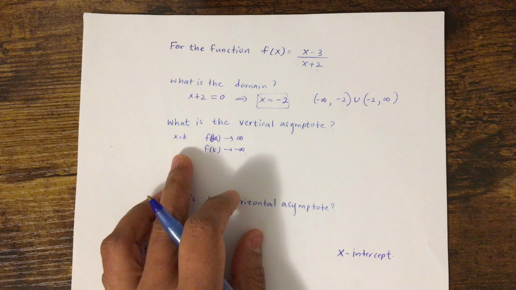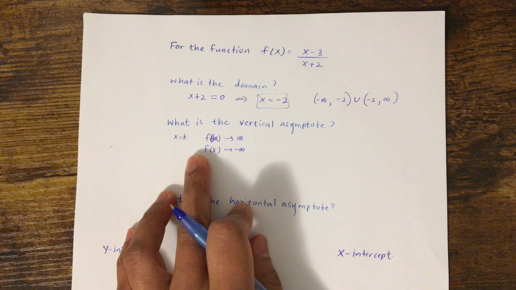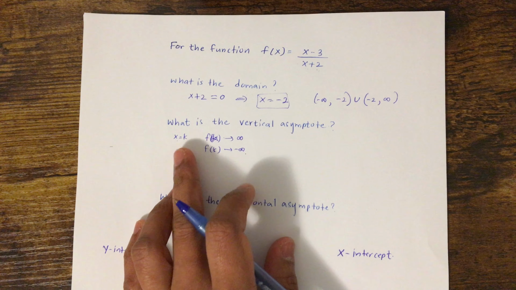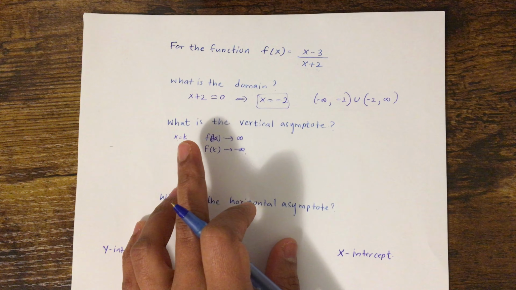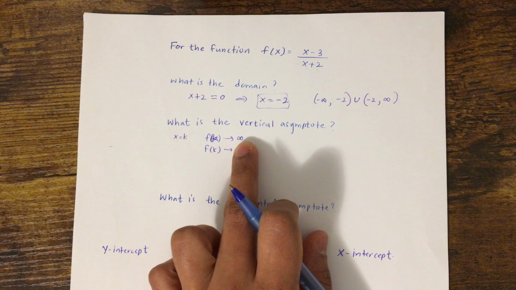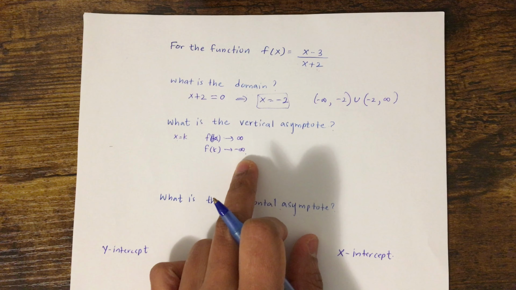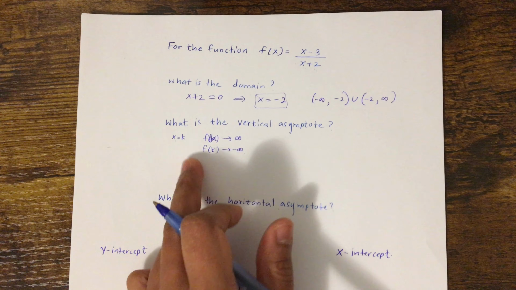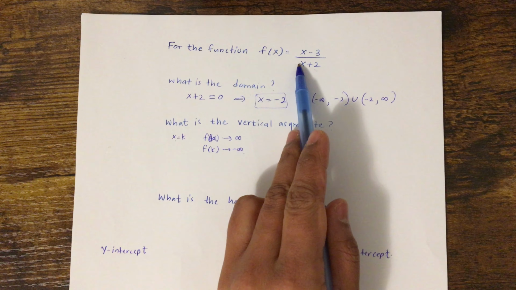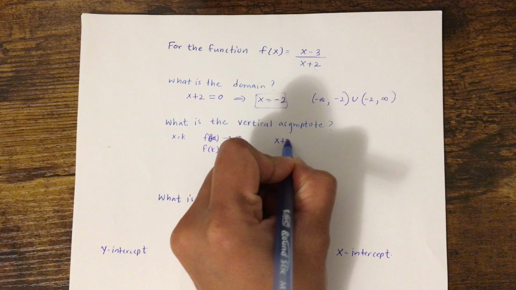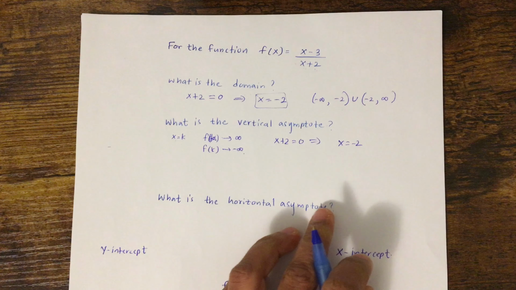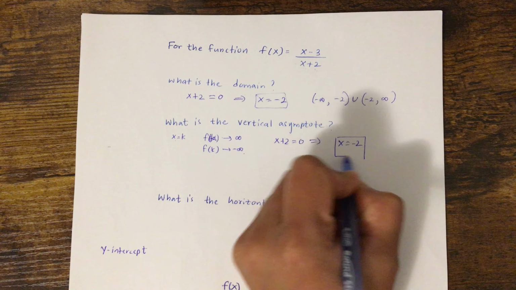As x approaches k from either the left or right, your function's values go to positive infinity or negative infinity, right, at the vertical asymptote. So that means you have to look at the denominator. The same thing, x plus 2 equals 0. This gives you x equals negative 2 is your vertical asymptote, right?